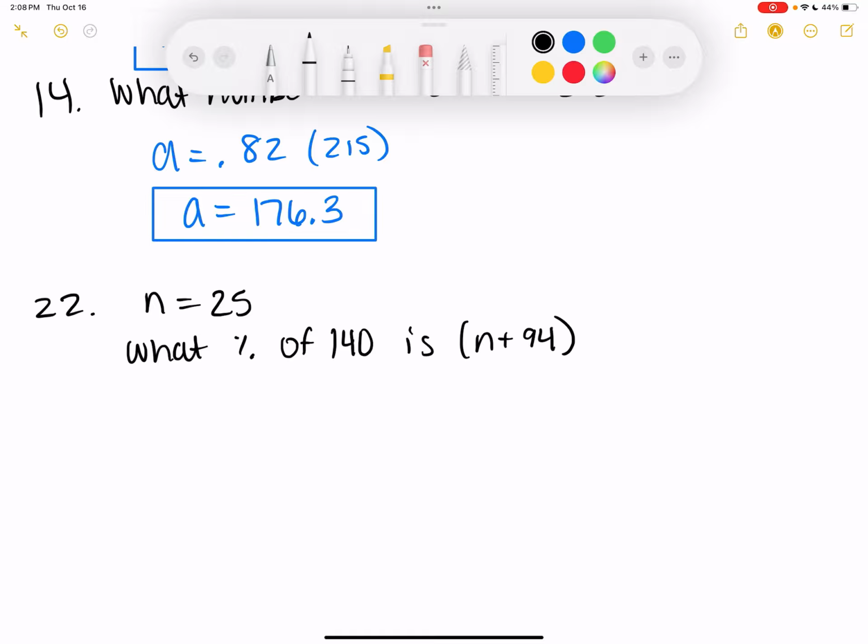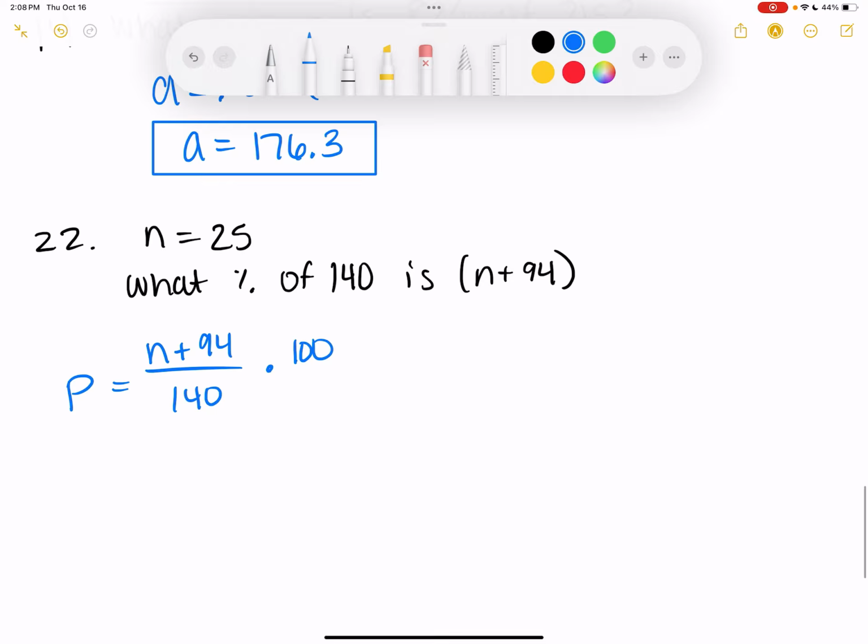To set this up, we do n plus 94 over 140 times 100, right? Because I'm finding the percent, and this is equal to P. But I know that n is 25. They told me that in the instructions. So I'm going to replace n with 25. So P is equal to 25 plus 94 over 140 times 100.